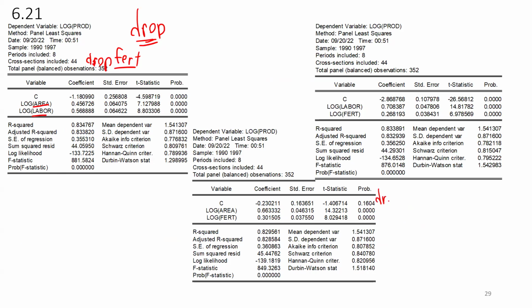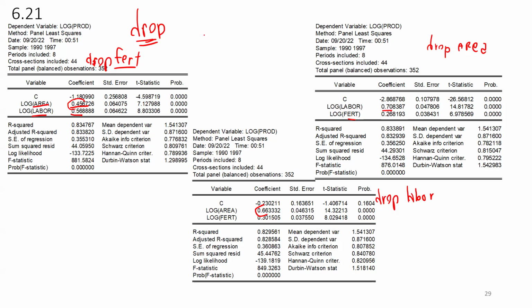This one we drop labor out, and here we drop area. And then you can see the coefficients. Area 0.45 to 0.66. Labor 0.56 to 0.57.